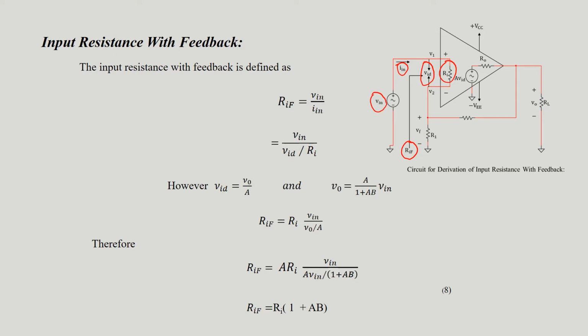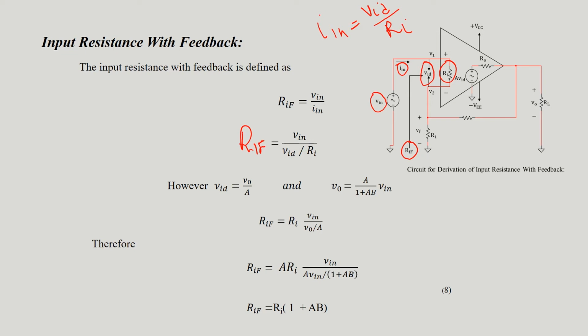From here I in becomes VID over RI, and RIF becomes V in divided by VID by RI.